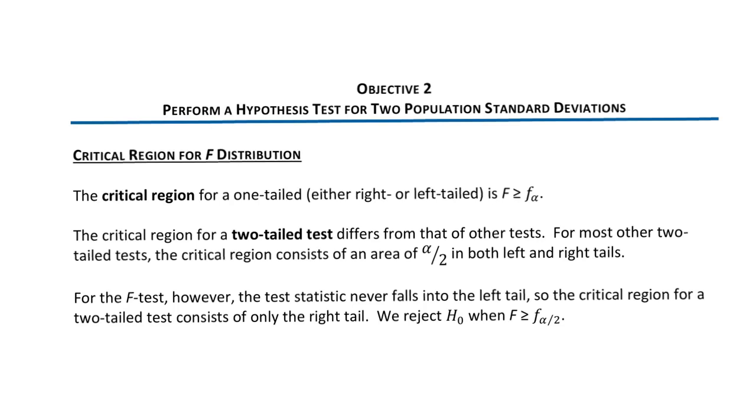The critical region for a one-tail test is always F greater than or equal to F alpha, and for a two-tail test the critical region will be the area of alpha over 2 on both the left and right tails. Since the test statistic never falls into the left tail, we reject the null hypothesis if F is greater than or equal to F of alpha over 2.